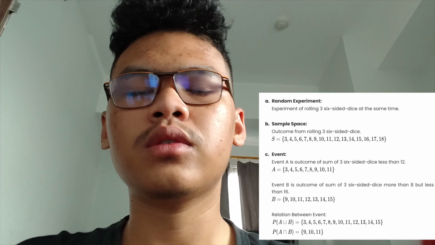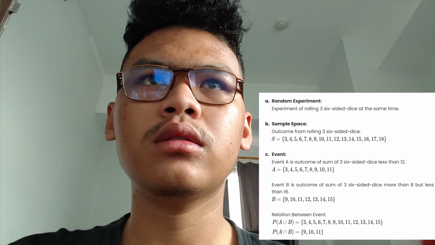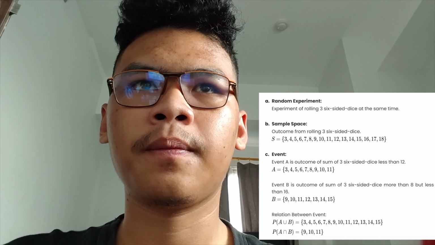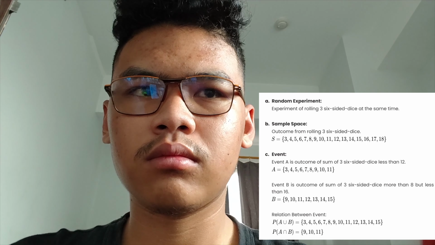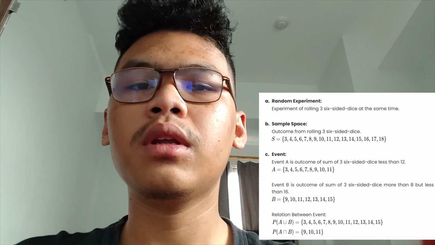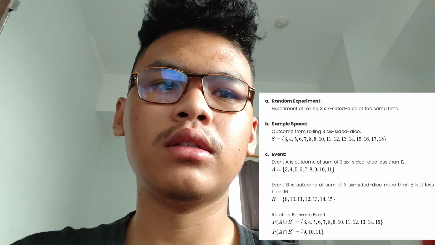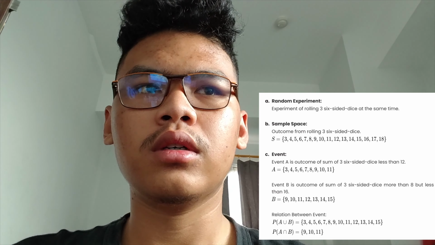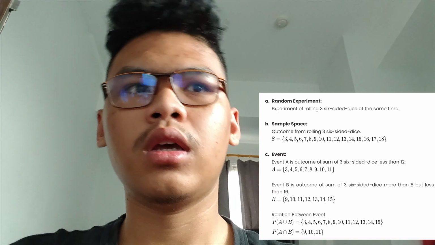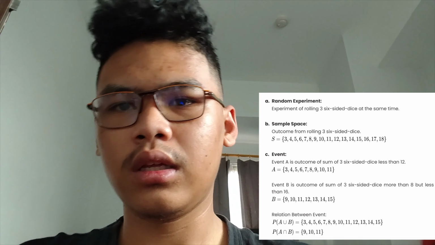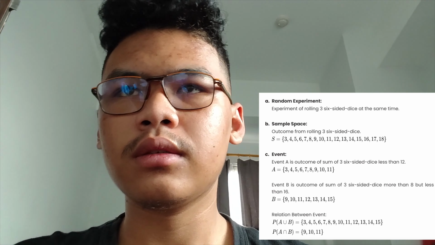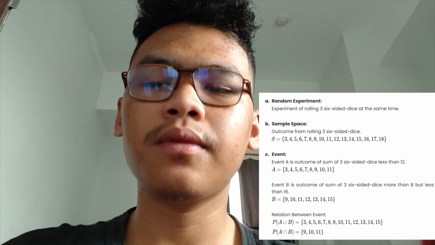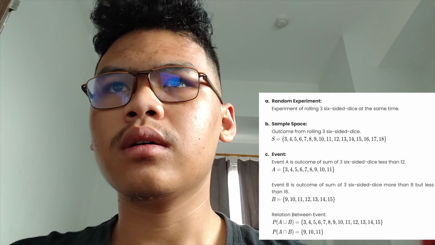So we roll three 6-sided dice at the same time, and from that experiment we get a sample space that starts from 3 and ends at 18, so it's 3, 4, 5, 6, 7, 8, 9, 10 until 18.